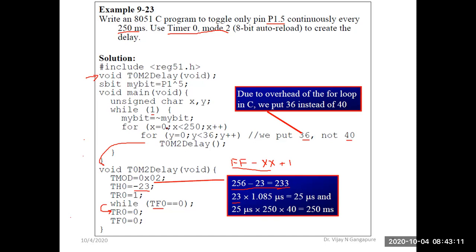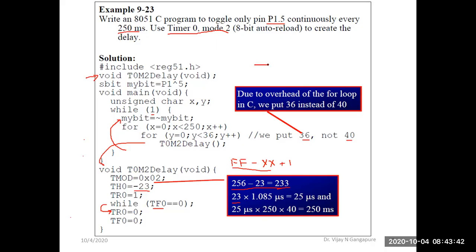Okay, so what is the use of these nested for loops? Just to repeat this T0M2 delay function call 250 multiplied by 36 times, so that it will generate a 250 millisecond delay. When this T0M2 delay function has been called 250 multiplied by 36 times, control goes to this statement: my bit is equal to complement of my bit.